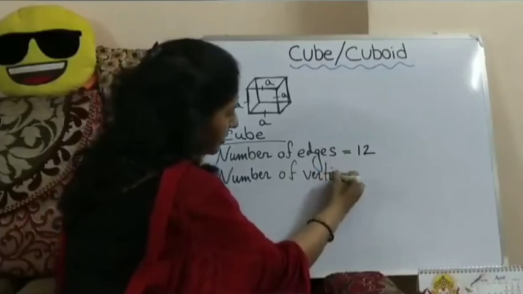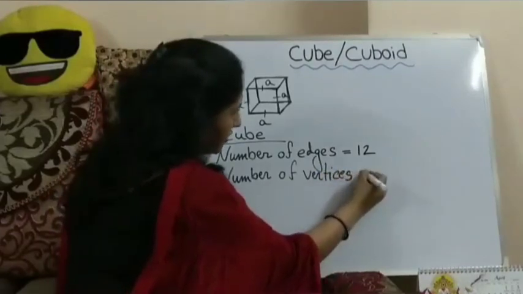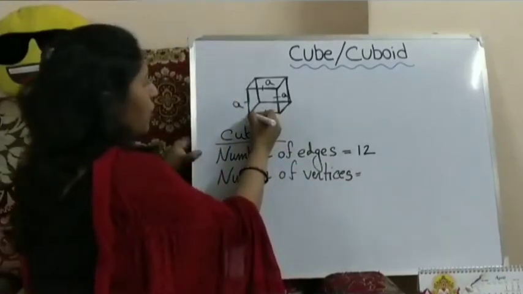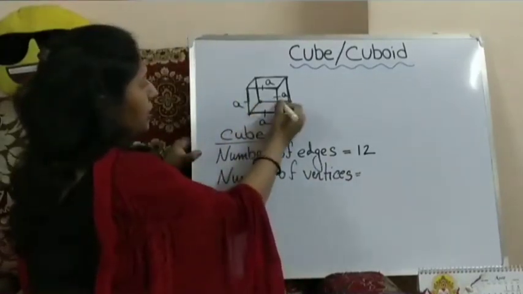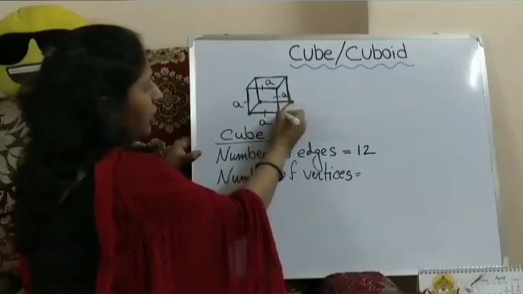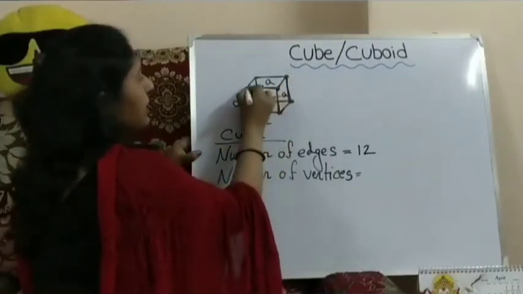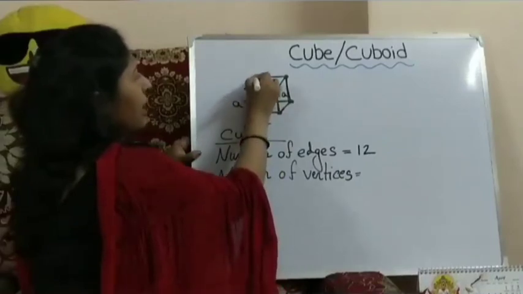Then number of vertices: 1, 2, 3, 4, 5, 6, 7, 8.